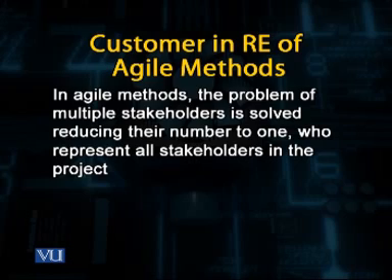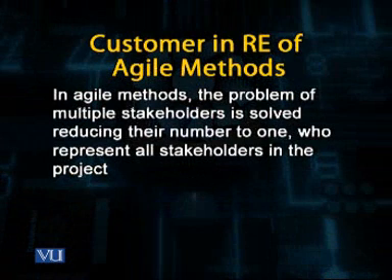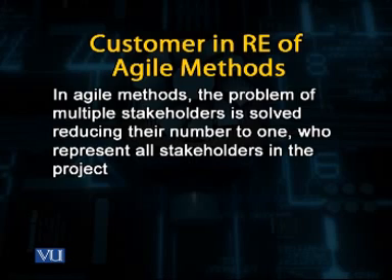And so the problem of multiple stakeholders is solved by reducing the customer to only one, who represents all stakeholders in a project. And this can be very useful and very helpful in actually understanding and clarifying the requirements for the development team. This can also add problems, and the customer, who's the representative of all the stakeholders, must fully represent the views of all the stakeholders.